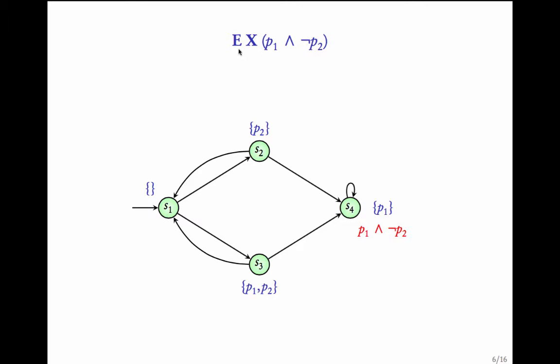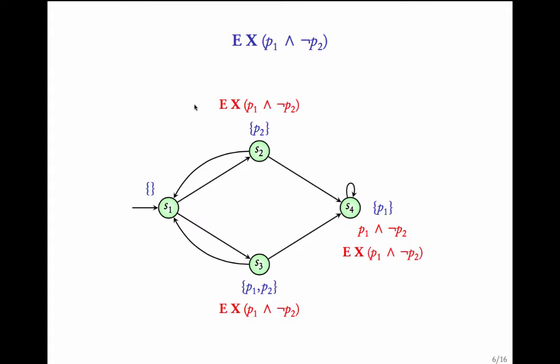The algorithm for EX of P1 and not P2, once it has labeled this, will look at all incoming transitions to this state. There are 3 incoming transitions. All these states would be labeled with EX P1 and not P2. So this state is labeled, this state is labeled, and this state is labeled.